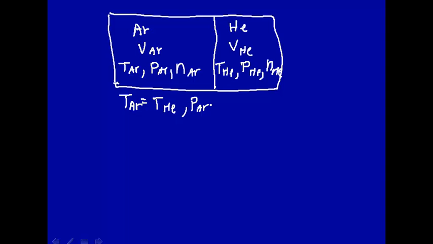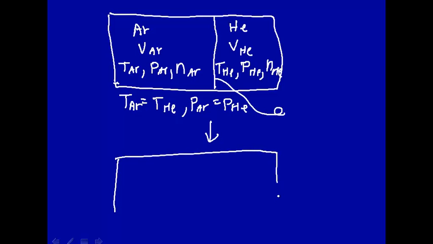The pressure of argon is equal to the pressure of helium, so there's no pressure gradient. And of course the number of moles will be different between the two systems if the volumes are different. Alright, so what we're going to do is remove this partition, just take it away magically.